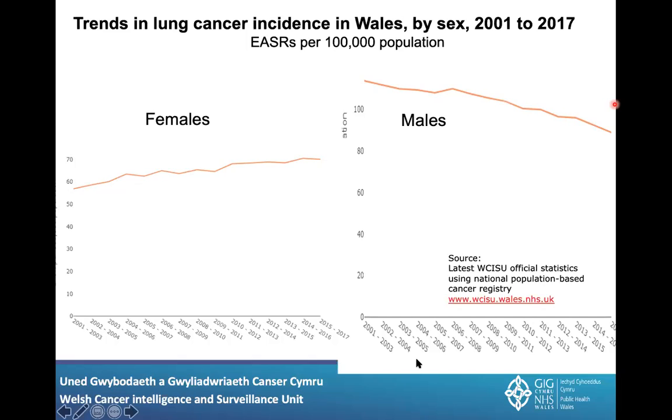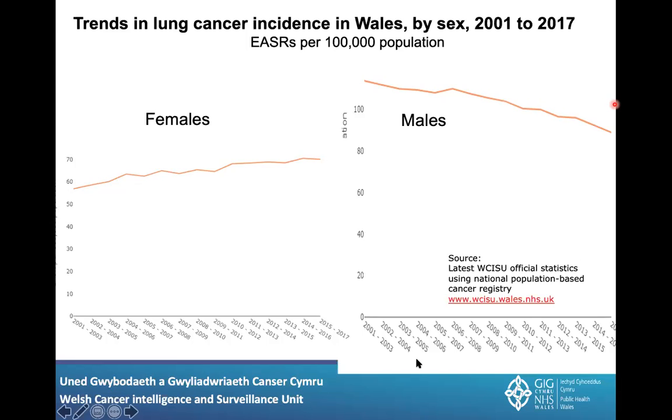And here you have the European age standardised rates for men and women for lung cancer in Wales. These are actually the latest available to 2017, but on the 25th of March, we will be publishing our 2018 incidence data. And I'll come to why there's such a lag later in the talk.